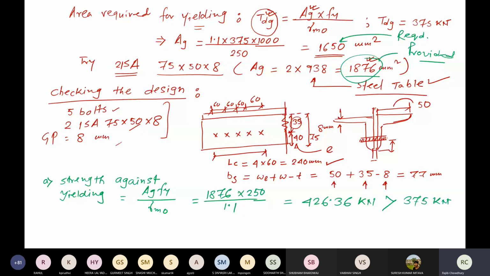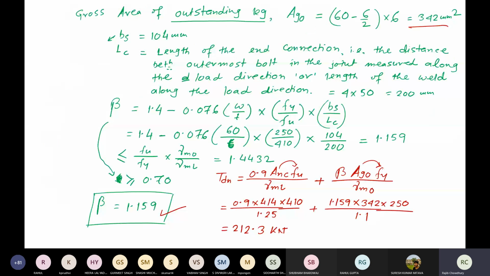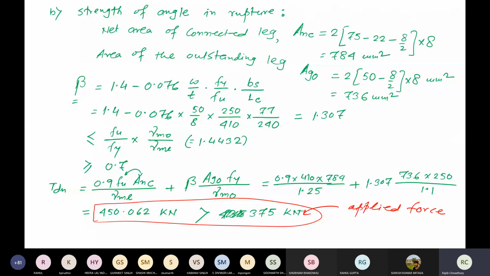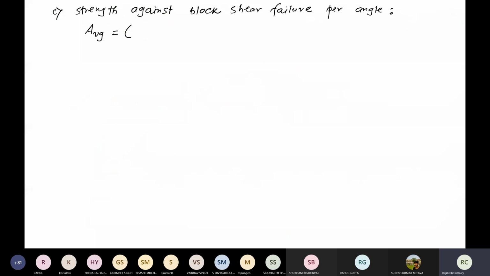So how much would be the shear length? The total length of the connection plus the end distance. Fantastic. So sorry, it's not coming properly. Can you tell me what I can write over here?